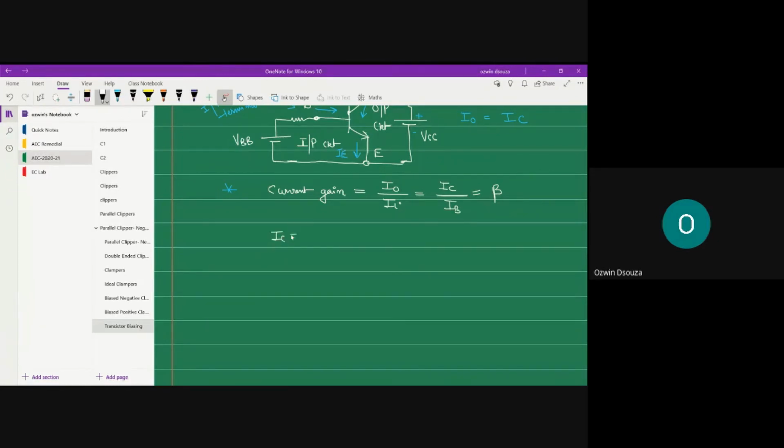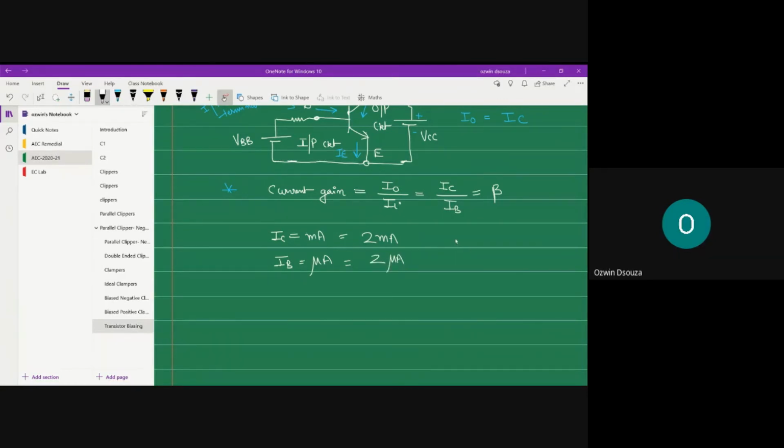Now, your IC will normally be in the range of milliamperes, and your IB will be in the range of microamperes. Say, for example, this is 2 milliamperes, and this is 2 microamperes.